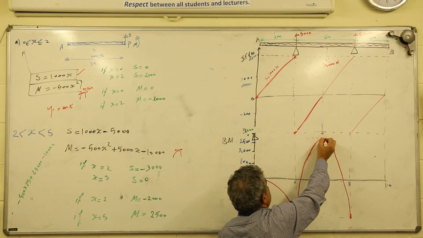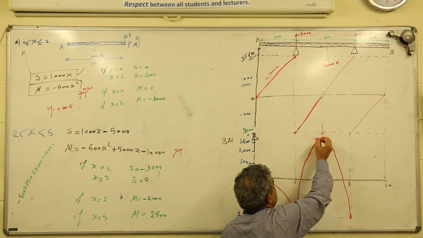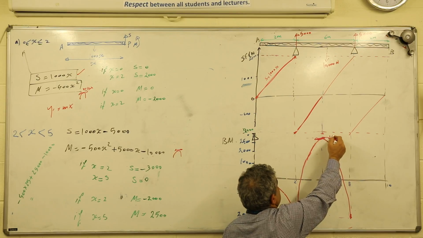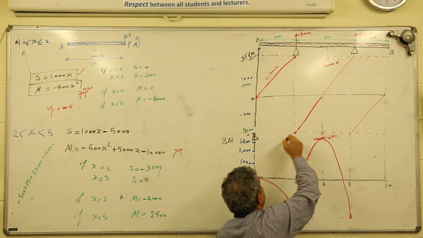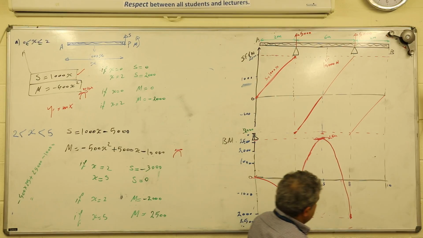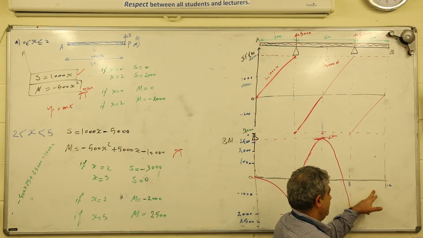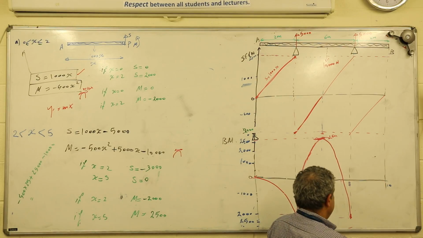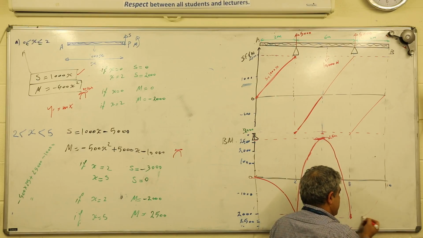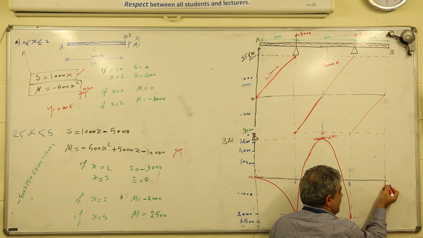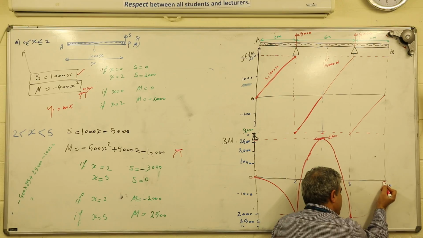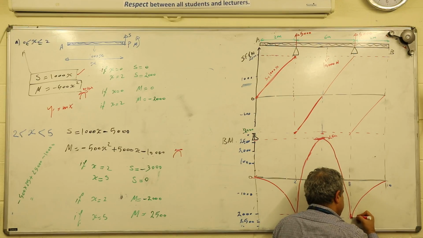At what point is it, this one? How much is it? 2,500. Accordingly to here. What would be here? This way? No, that's obviously not. It must be maximum, symmetrical.